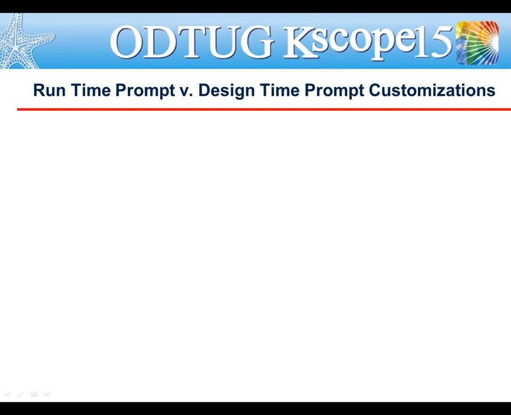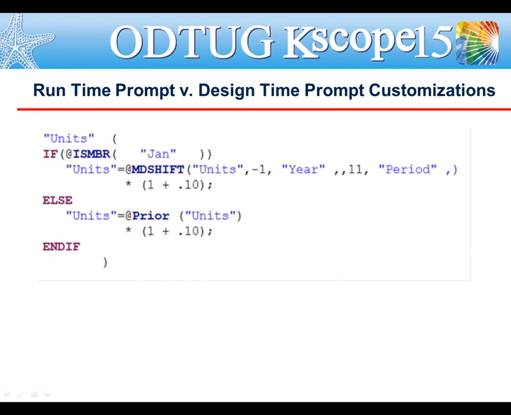So here's a common bit of code. Now, this is just a simple percent forecast. There's a lot of new functionality in the newer calc functions in the most recent versions of Essbase.